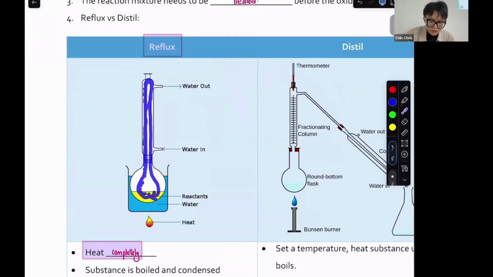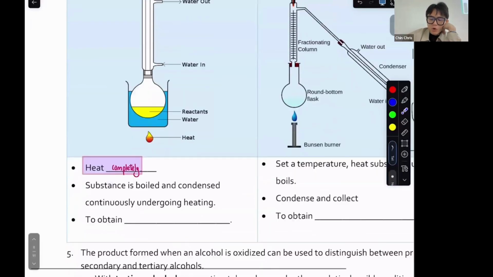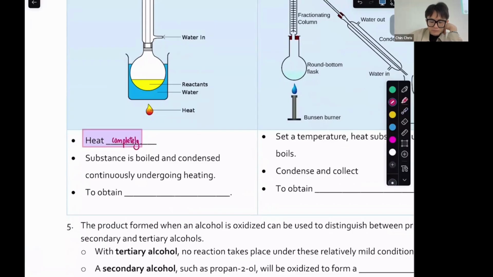So alcohol is constantly turning into vapor, then going back, heated again, going back. This we call a reflux. The substance is boiled and condensed continuously. Our purpose is to get a carboxylic acid. Clear?